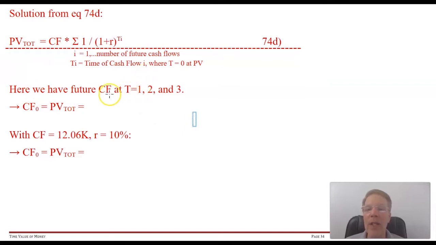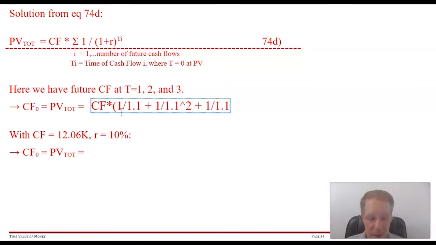And we have 3 payments coming in, so let's take this summation notation formula and just turn it into a finite term formula. So we could say that this is equal to CF times 1 over 1.1, that 1.1 is the 1 plus 10%, plus 1 over 1.1 squared, okay, plus 1 over 1.1 cubed.